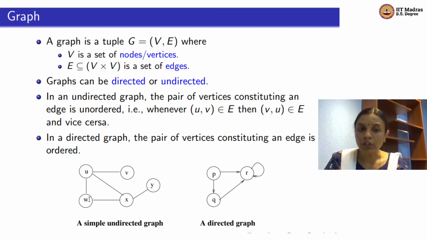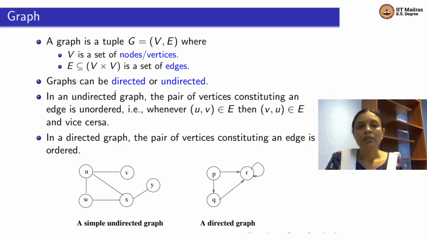There is one more edge going horizontally from W to V. There is one more edge from X to Y. This graph has no edge from vertex V to vertex Y, no edge from U to Y, no edge from W to X. So, the set of edges E is only a subset of V cross V.